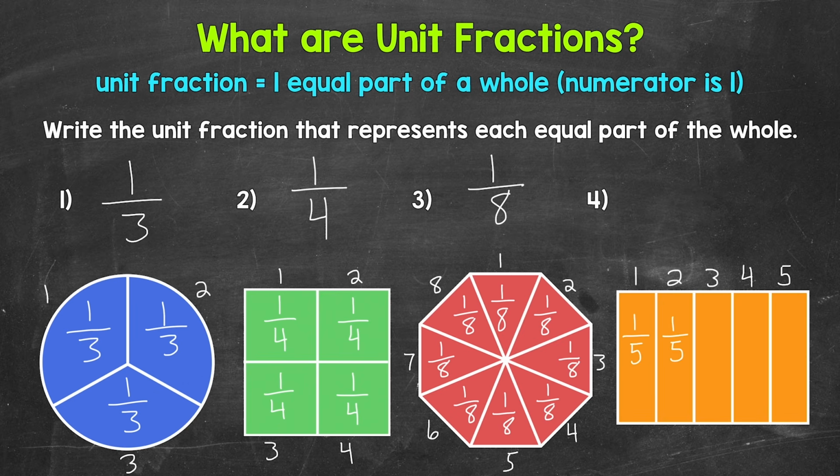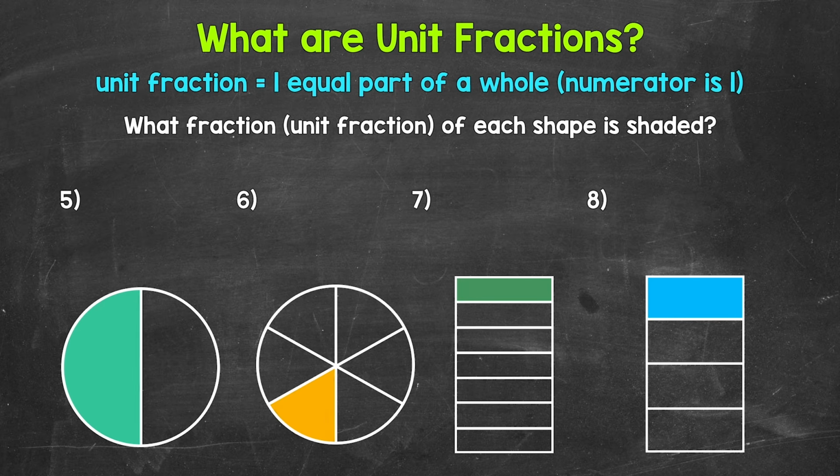This is 1/5, this is 1/5, this is 1/5, and this is 1/5. So 1/5 is the unit fraction that represents each equal part of the whole. Let's move on to numbers 5 through 8. Here are numbers 5 through 8.